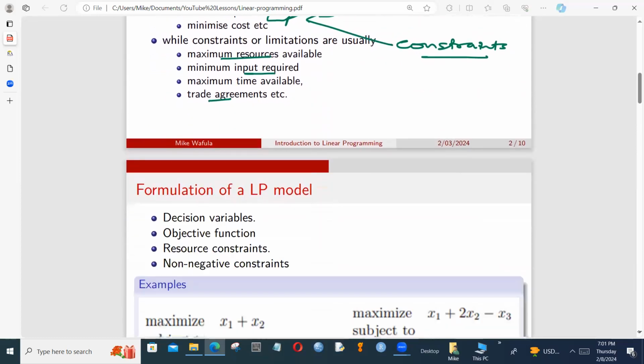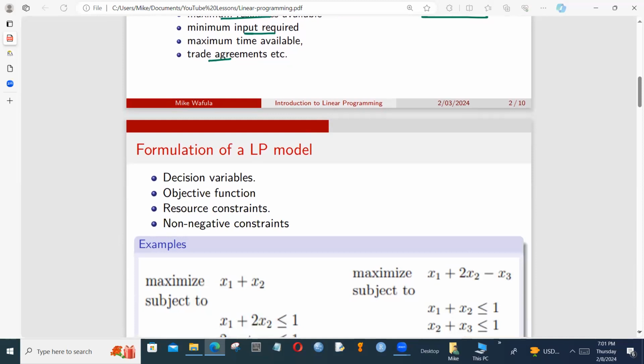We now look at how we then formulate a linear programming model, having known what the linear programming technique is all about. The procedure follows about 4 steps, and they have to be followed sequentially whenever you're formulating a linear programming model. The first step is always to define the decision variables. The decision variables are mostly defined using letters, say x1, x2, and so on, depending on the number of decision variables in the problem at hand.